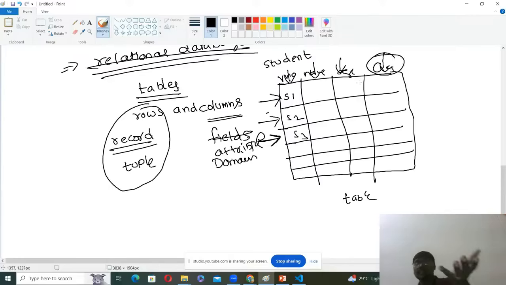So attributes in the sense the information or properties of a student. Now, everyone knows rows and columns. Rows are represented as records, columns are represented as attributes. Each one is called a cell.